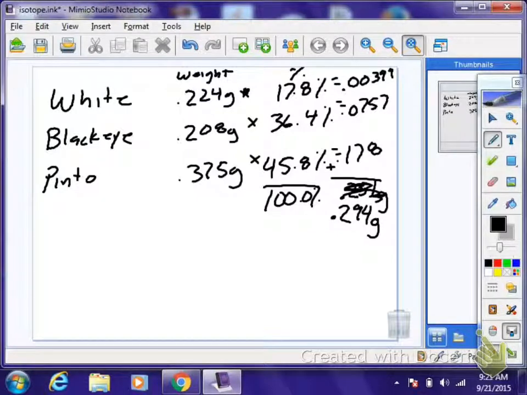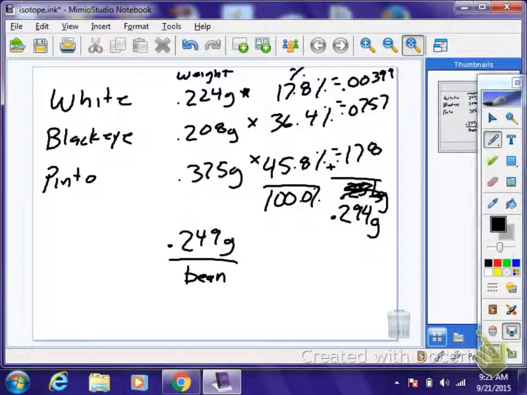All right. So this 0.294 is the average weight per bean. Is it 294 or 249? 294. That says 249.